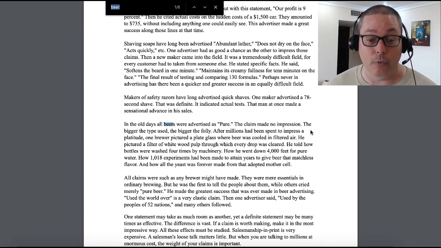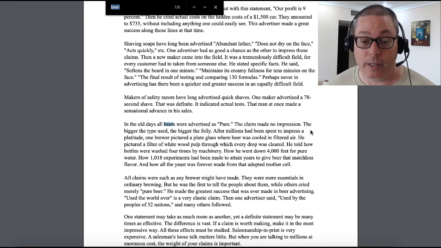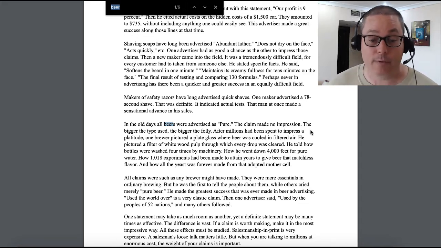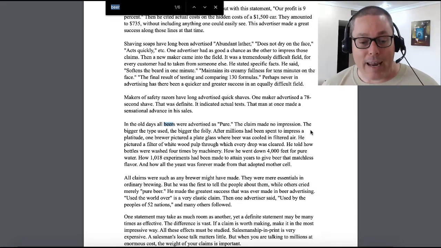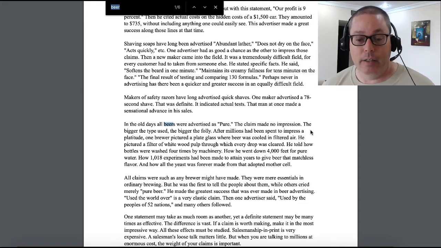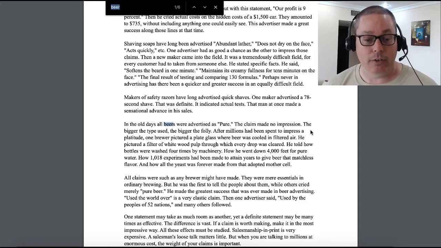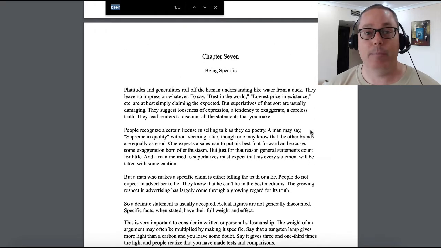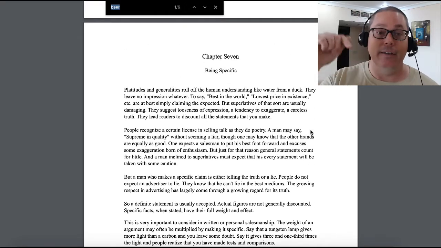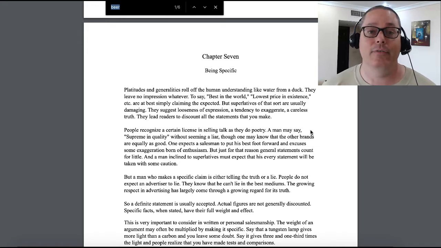He pictured a filter of whitewood pulp through which every drop was cleared. He told how bottles were washed 4 times by machinery. He went down 4,000 feet for pure water. How 1,018 experiments had been made to attain the matchless flavor, and how all the yeast was forever made from the adopted mother cell." Again, Chapter 7, being specific. You see how specific that was? And that's in his book here in Scientific Advertising.